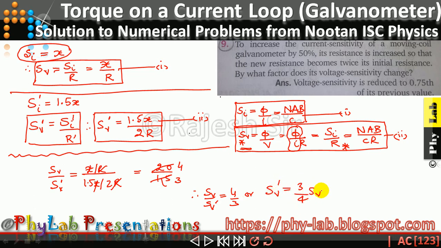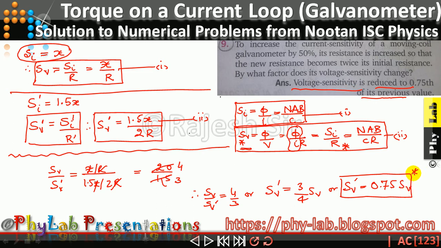times SV, or simply the new voltage sensitivity is 0.75 times the original voltage sensitivity, or one can say the new voltage sensitivity is 25% less than the original voltage sensitivity. You can state it in both ways. Here the answer says the voltage sensitivity is reduced to 0.75 of its original value, or the previous value, which you can see directly from this expression.